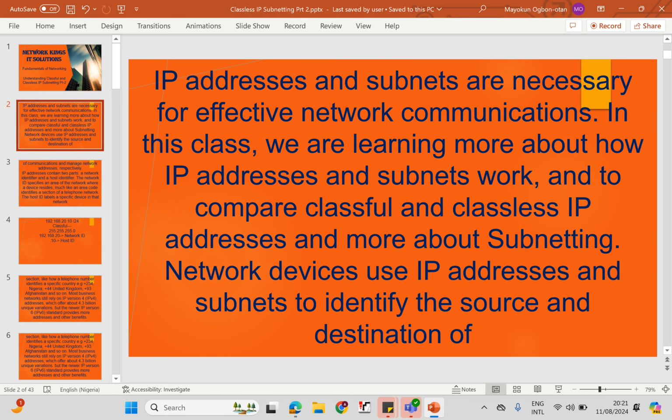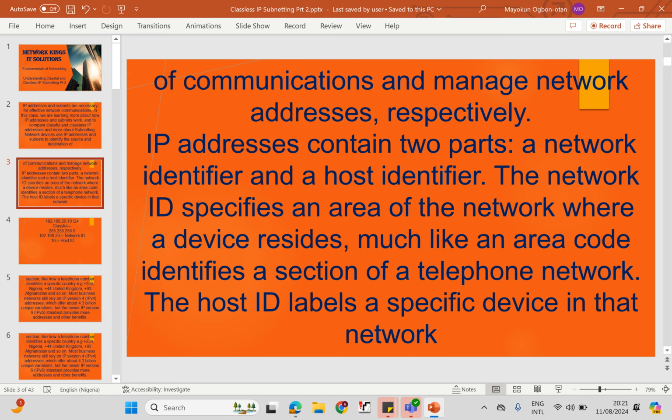So I come back now to explain this again. We said network devices use IP addresses and subnets to define the source and destination of communication and manage network addresses respectively. IP addresses contain two parts, the network identifier and a host identifier. The network identifier specifies an area of the network where a device resides, much like an area code identifies a section of a telephone network.